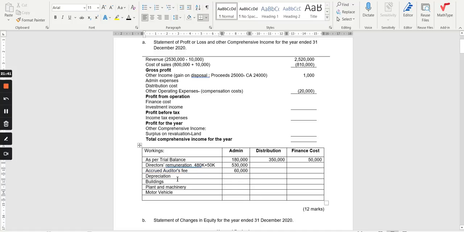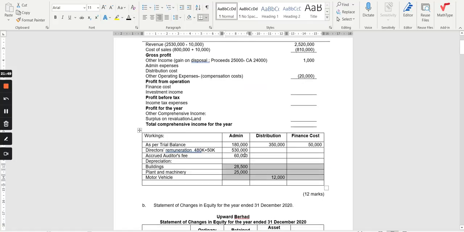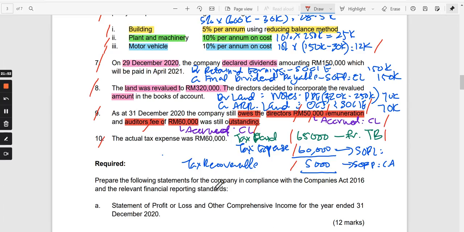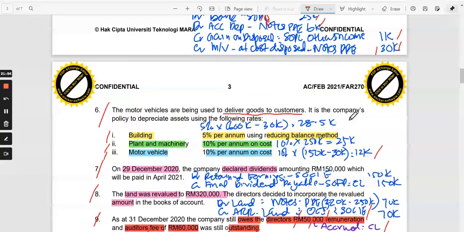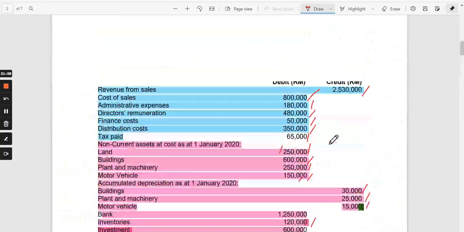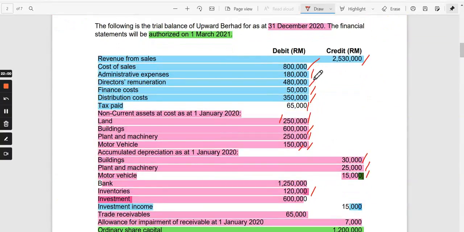Depreciation, so there are lists of depreciation here, and I have already calculated much earlier. Just go and copy paste that. Remember that this was from here, here. Make sure you do that. Okay, then let's just check.